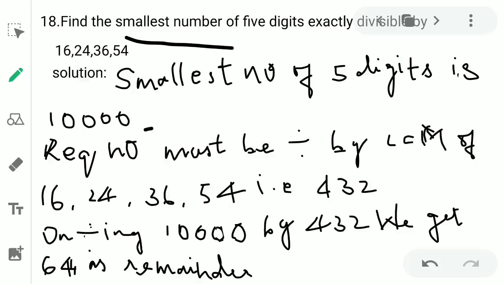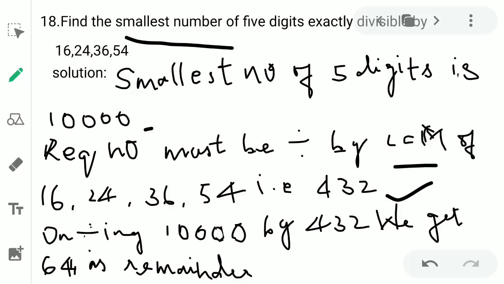The required number must be divisible by the LCM of 16, 24, 36, 54. When I take the LCM for this, I am getting the answer as 432. It is the same as the last sum. In the last sum they asked for 4 digits; in this sum they have asked for the smallest 5 digits.